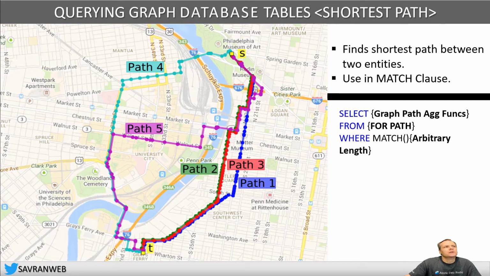Also, you need to define the arbitrary length. That means you might have tables with millions, 10 millions, billions of records in them, and whenever you are looking for the shortest path, you are looking at maybe only 2 or 3 hops from this entity. You don't want to go and search the whole table. So you can define it here.